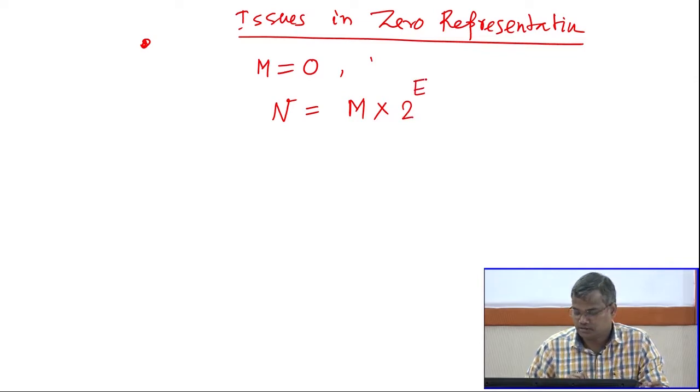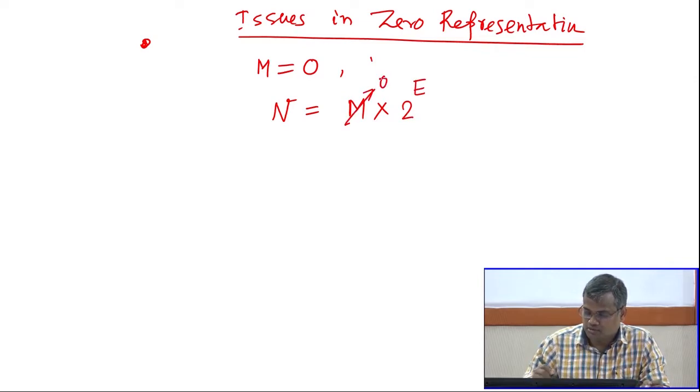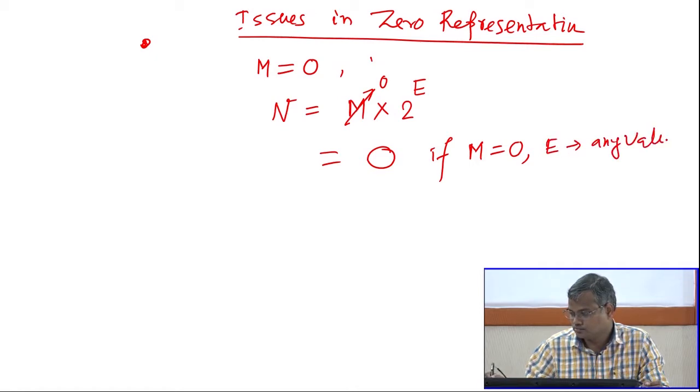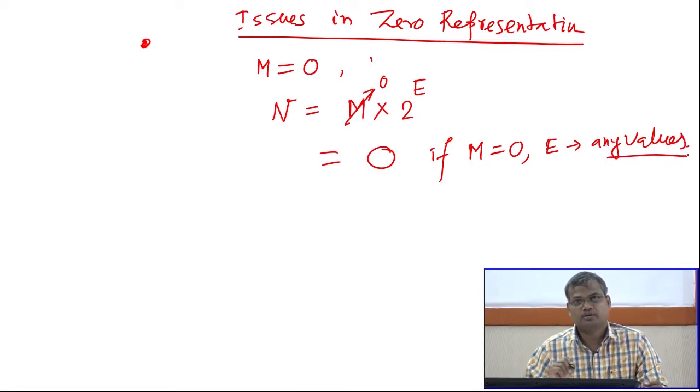This value will be 0 if m is 0 and e can have any value. As I said in the last class, why do you waste the different combinations of e for representing 0?